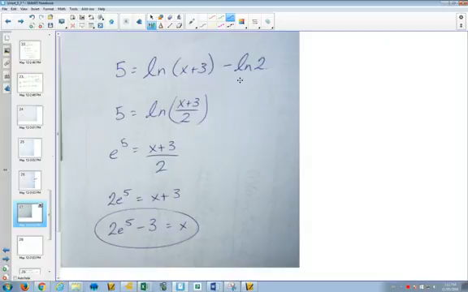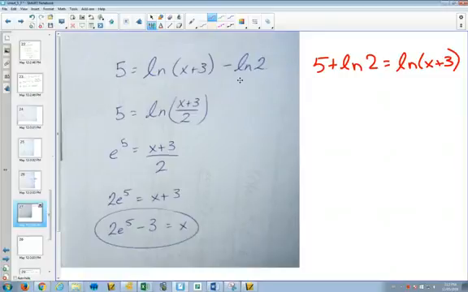Now, I'm going to show you that the original question looked like this, right? Can you see that 5 plus the natural log of 2 is a number? That there's no variables on the left-hand side. So had you wanted to, you could have thought of this already as a single logarithm. What's the base? e.